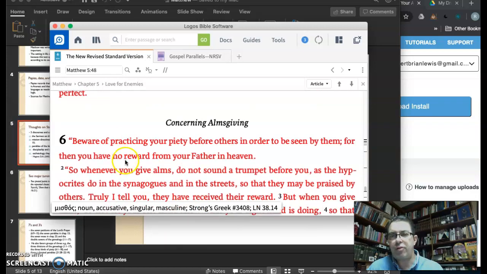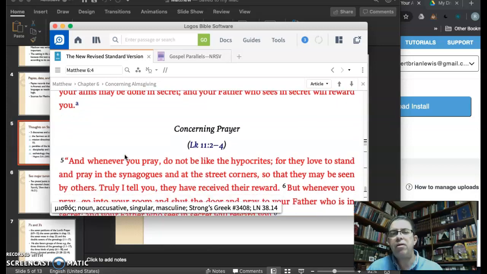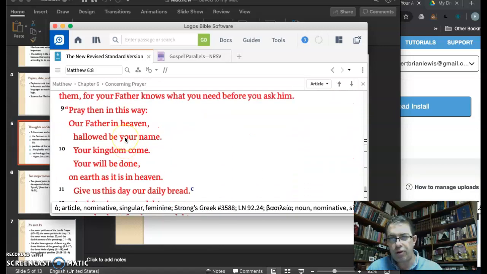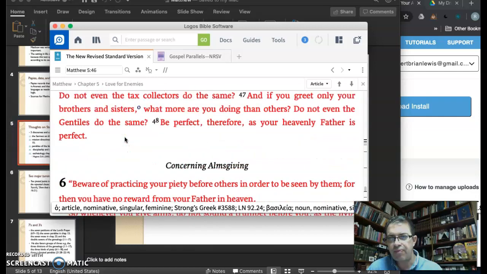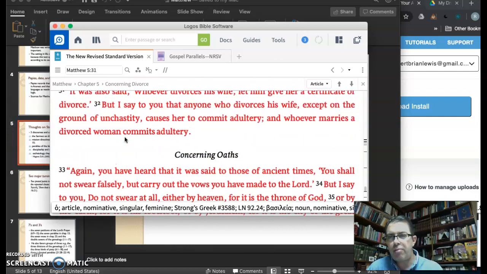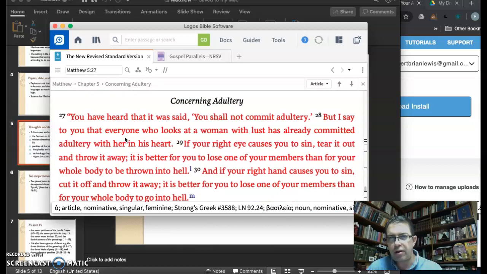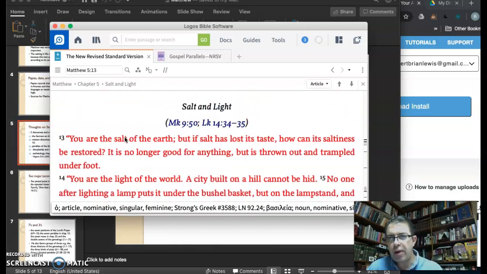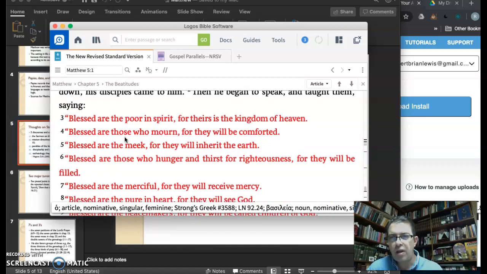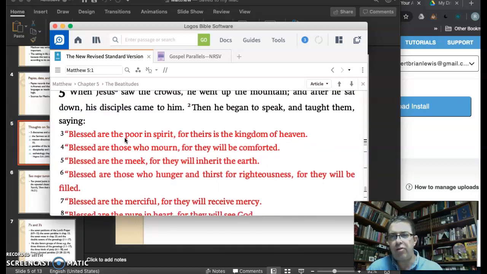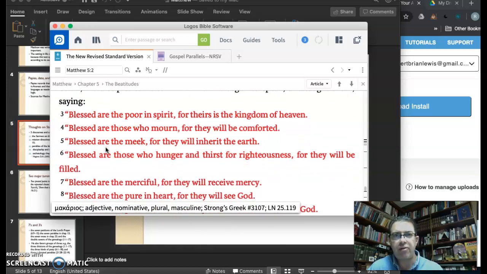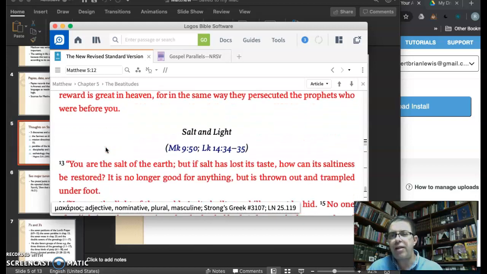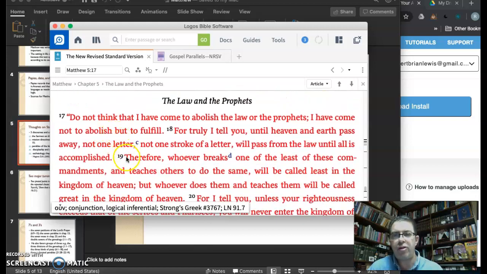And then we have this material on piety and almsgiving and prayer, with the Lord's Prayer. Let's take the Lord's Prayer in just a second. In chapter 5, what Matthew is doing is accenting the character of Moses by having Jesus go up to the mountain, and by beginning with these auspicious blessings, configured as they are, they look like the Ten Commandments, but instead they're Beatitudes, followed by this series of teachings, you have heard that it was said.